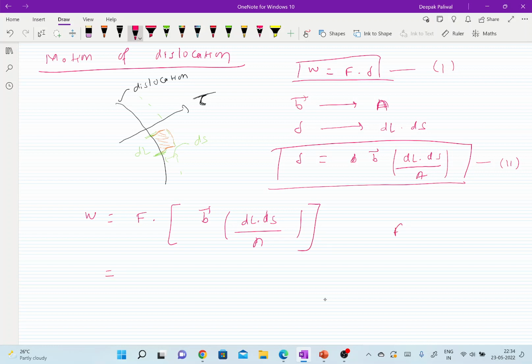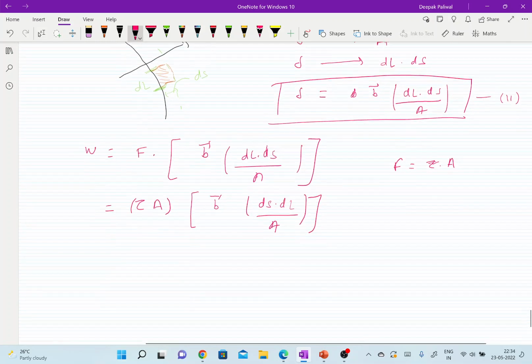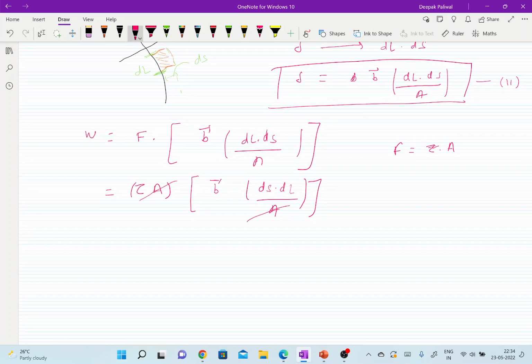So the force, what we can write in terms of shear stress? Stress is force by area, so force will be equal to stress multiplied by area. Let me write stress into area, and this equation would be as it is, ds dot dl by b. So we can happily cancel this area with the area. So what will we have?